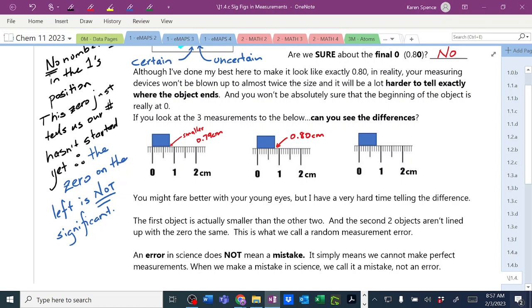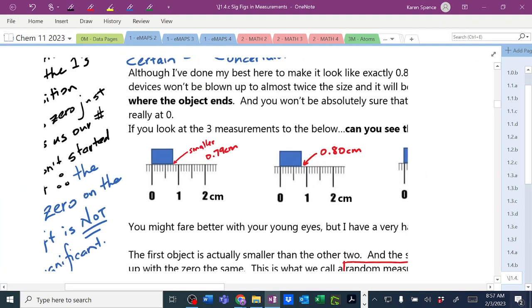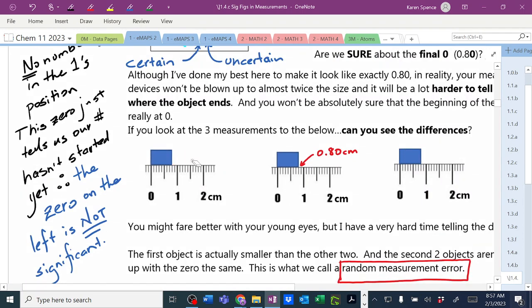And what this is called in science is a random measurement error. If I zoom way in on this one, I can see that maybe it's probably more like 0.79, but if I'm not zoomed in, I might have a tendency to write 0.80.